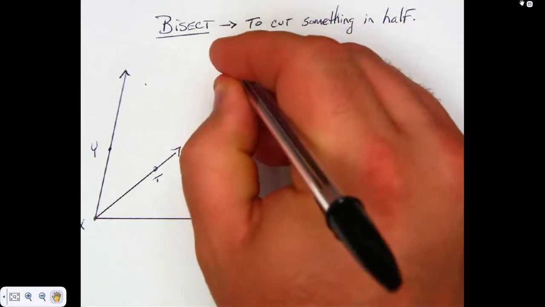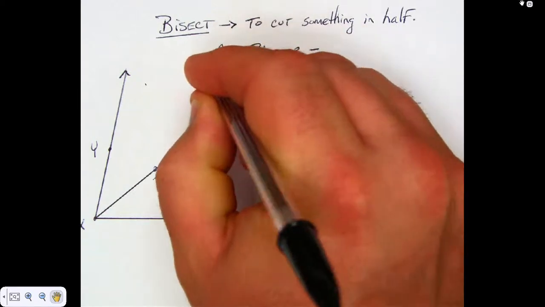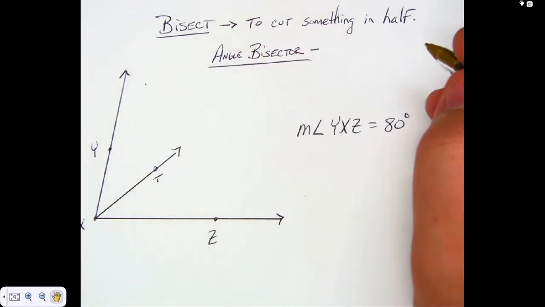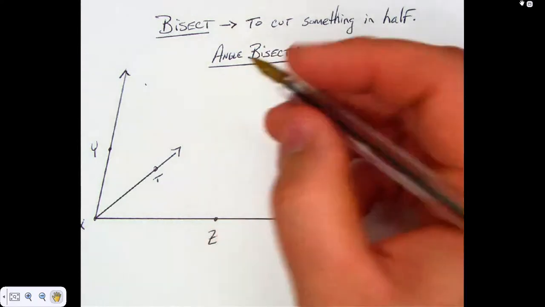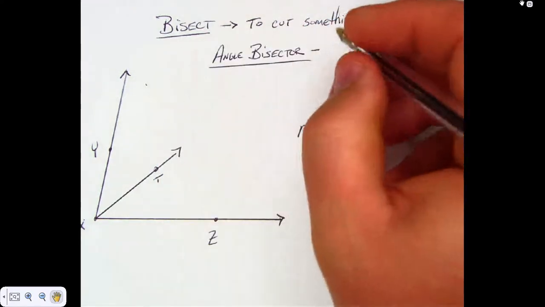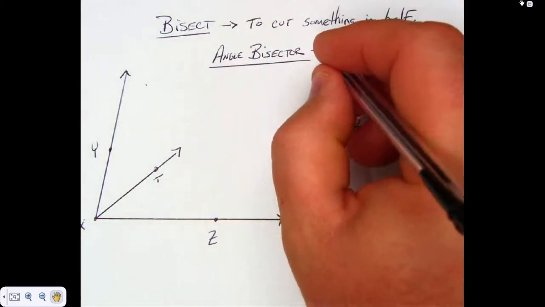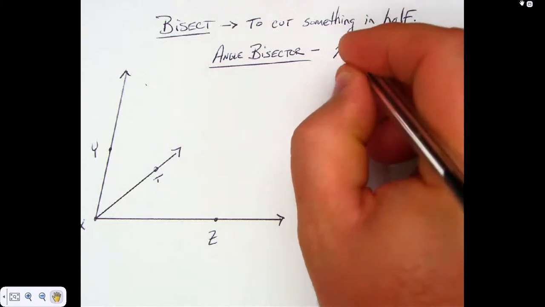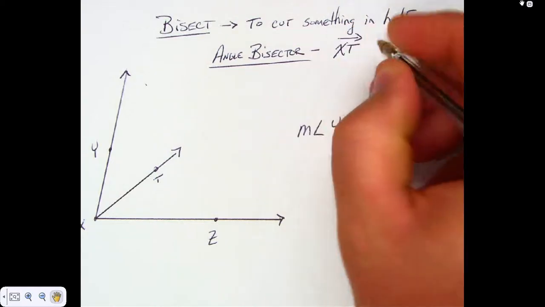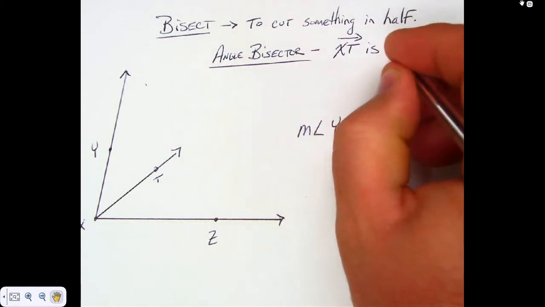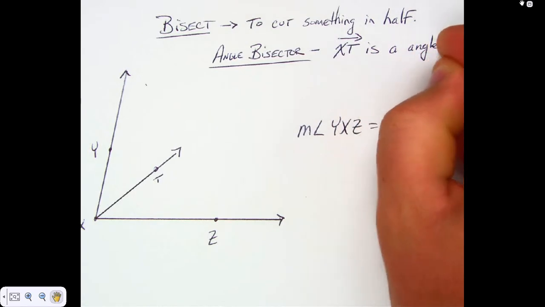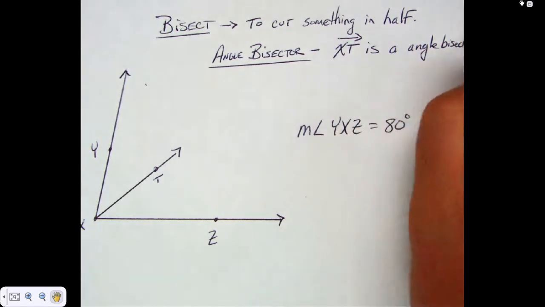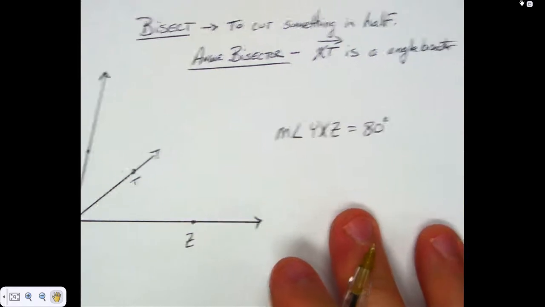What do you think an angle bisector is? Something that cuts a what? Okay, it's a ray or a line or a segment. So we're going to say that ray XT is an angle bisector. What does that tell you?